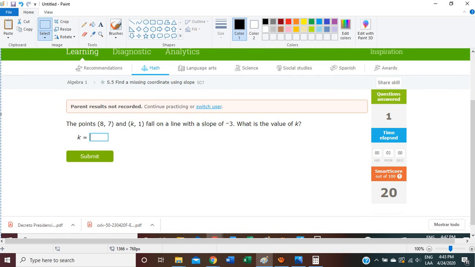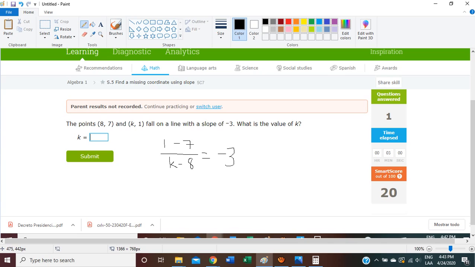Again, I have the values of the slope, that is 3, and I have these other numbers. So the change in y first. So number 1. Remember, the second number in every coordinate is the y. 1 minus 7. 1 minus 7 divided by k minus 8 equals negative 3.